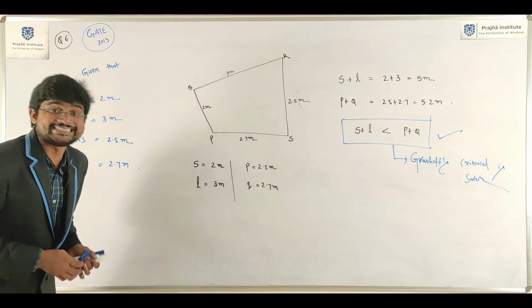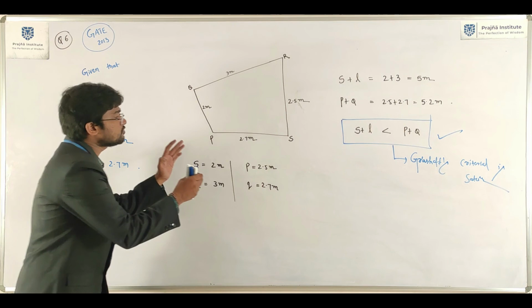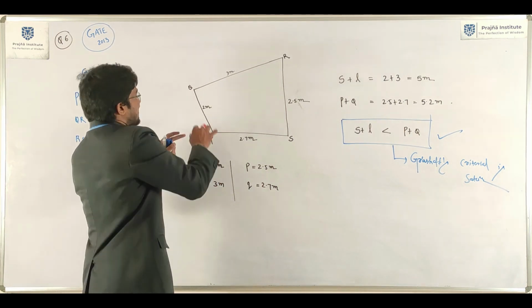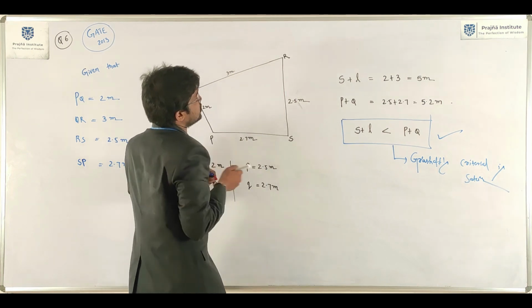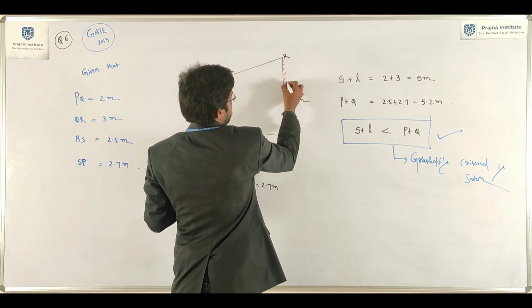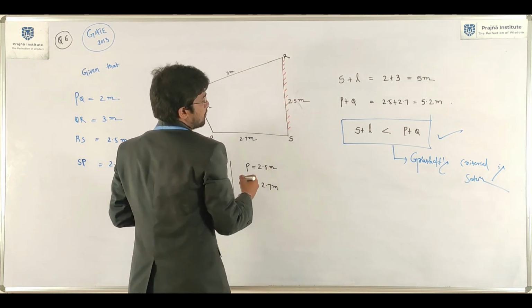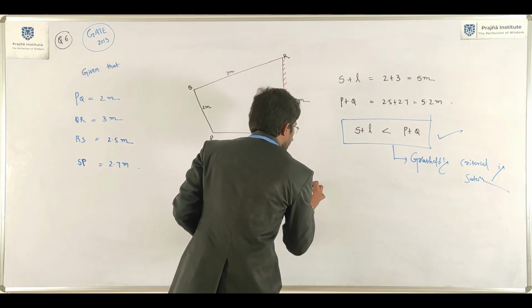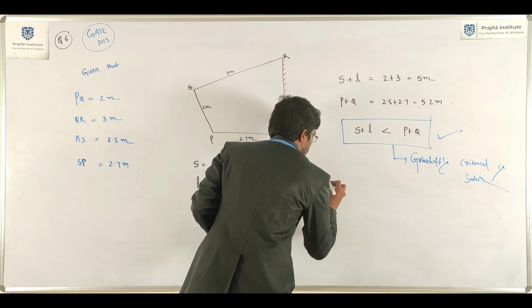According to Grashof criteria, which link do we need to fix to get a double rocker mechanism? Okay na? A link which is opposite to the shortest link is fixed. You will get a double rocker mechanism.